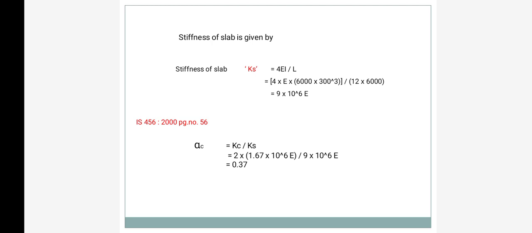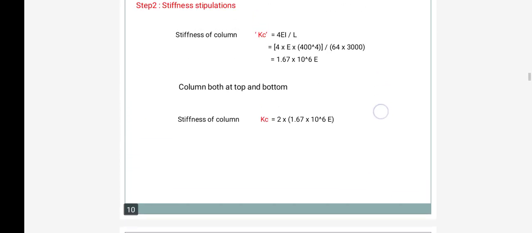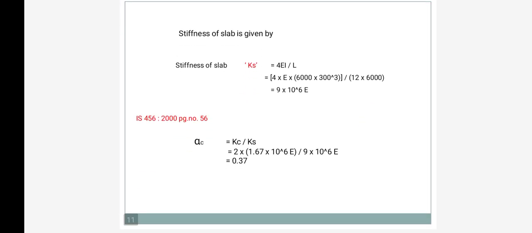And alpha C, refer IS 456-2000 page number 56. Alpha C is equal to Kc divided by Ks, where Kc is the stiffness of column and Ks is the stiffness of slab.